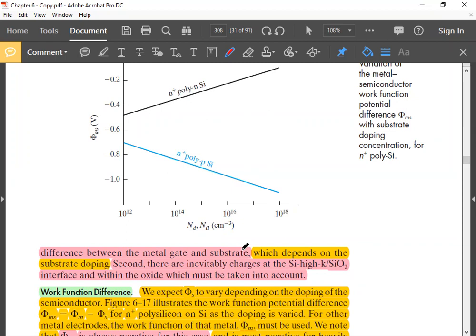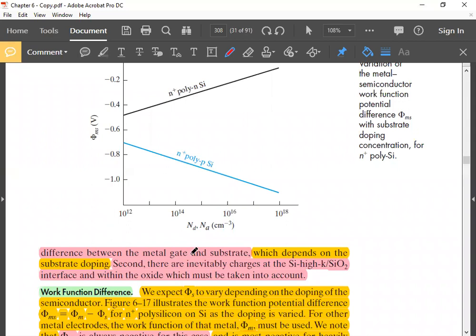Those charges come from various imperfections or impurities, which are not present in the ideal case. Because of those, there will also be an additional term in the VT expression. So those things will be considered and we'll modify the VT expression accordingly.